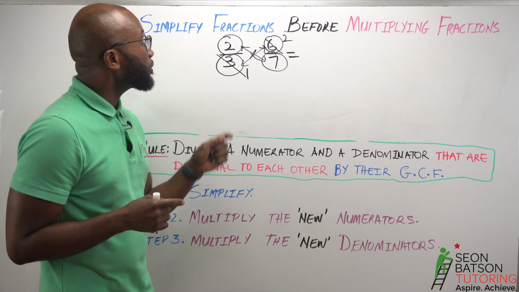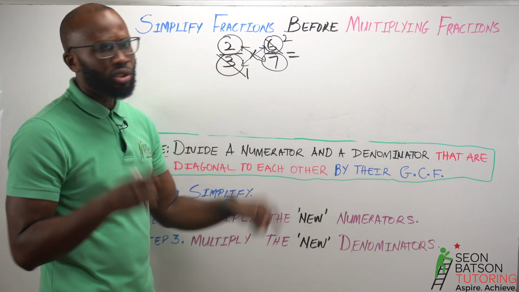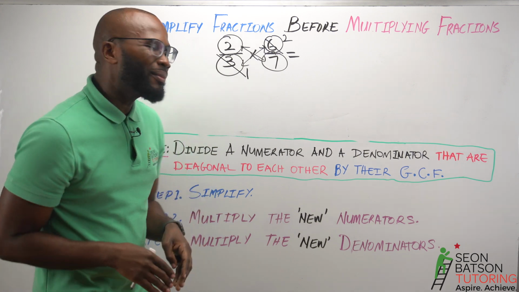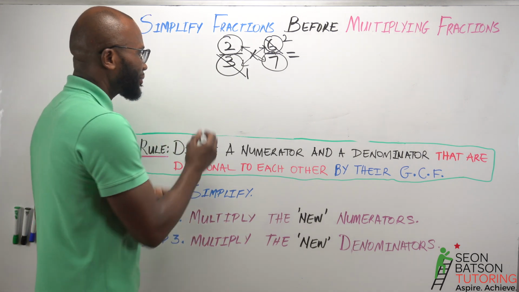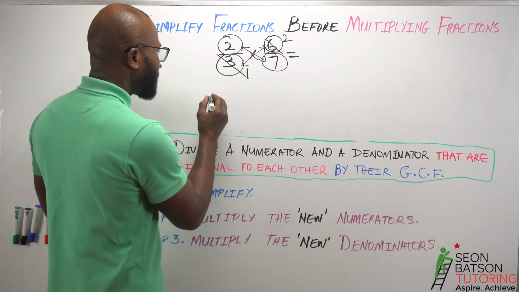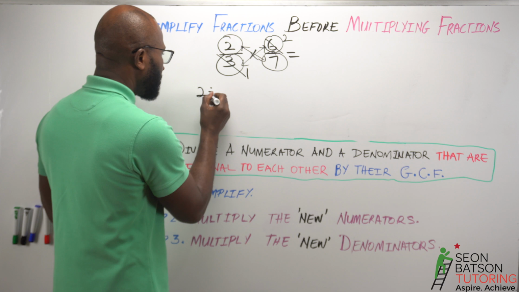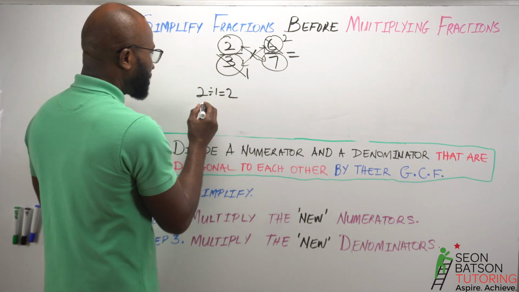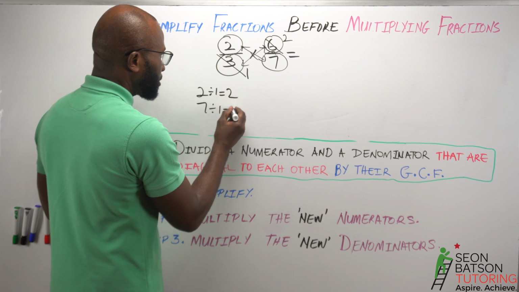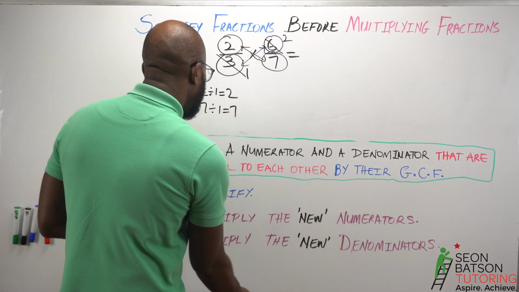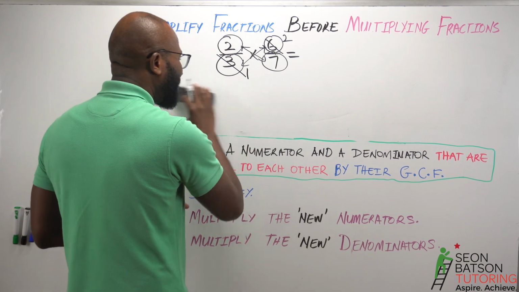So we're not going to divide by 1, because remember, dividing by 1 wouldn't change anything. Any number divided by 1 remains itself. If we divide 2 by 1, we will get 2. If we divide 7 by 1, we will get 7. So whenever the greatest common factor is 1, we will not divide.